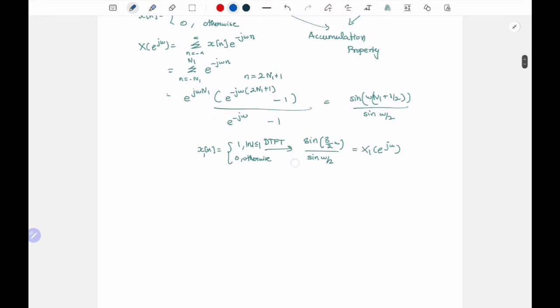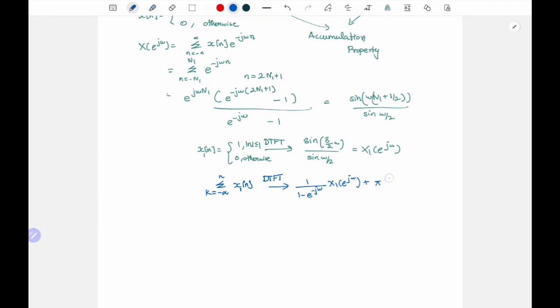Now we know the accumulation property. So summation k equal to minus infinity to n of x1[k] is going to give you the DTFT of 1 by 1 minus e^{-jω} times X1(e^{jω}), plus the DC term, right?